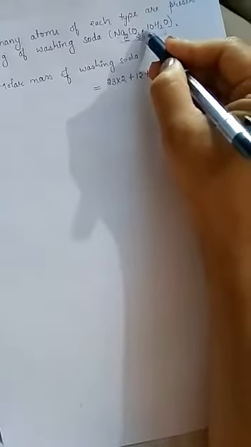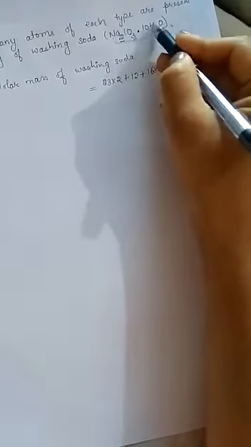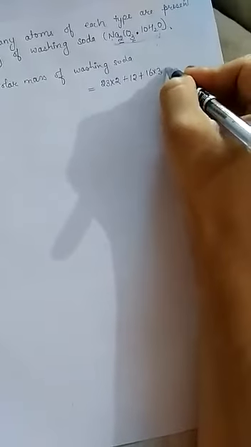How many sodium? 2, so multiply by 2, plus atomic mass of carbon 12, plus atomic mass of oxygen 16. How many oxygen? 3, so multiply by 3. Now don't think it is multiplication. It is dot 10 H2O, which means it contains 10 water molecules.